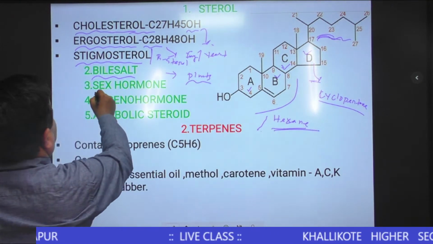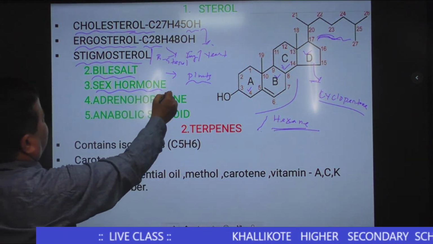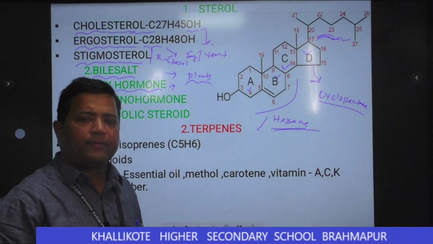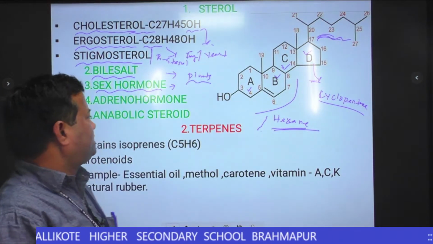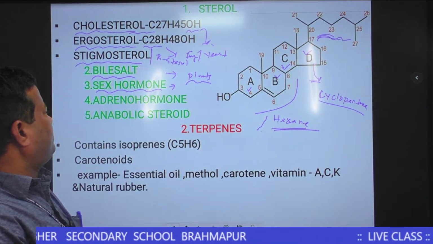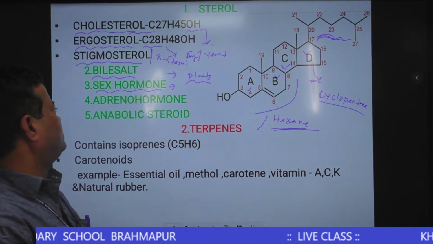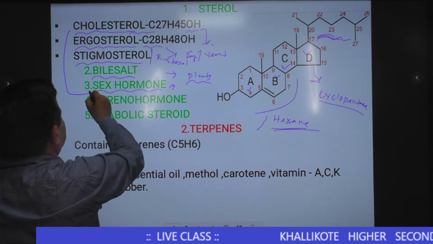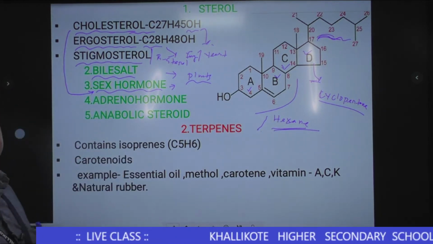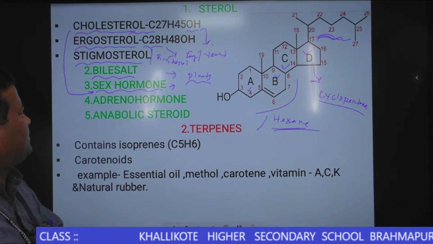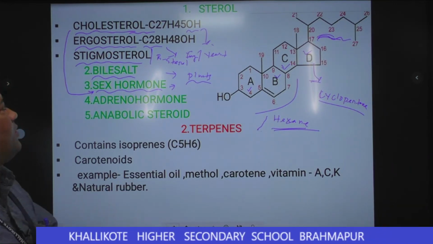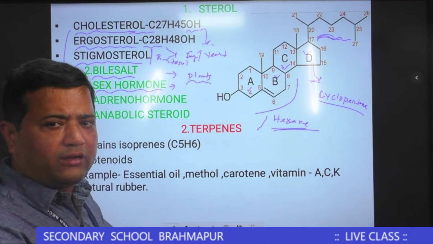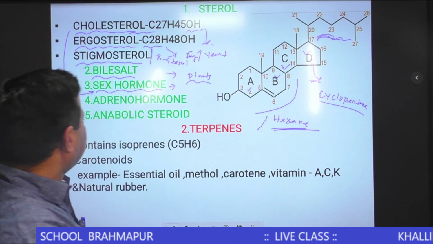Then another is sex hormones. Different types of sex hormones are there: progesterone, androgen, testosterone. They are steroid compounds. Cholesterol is the precursor of the sex hormones, meaning these hormones are produced from cholesterol.